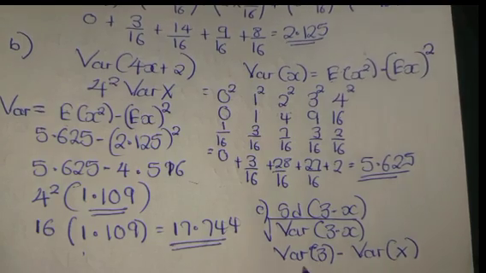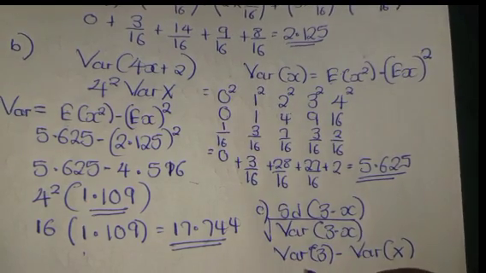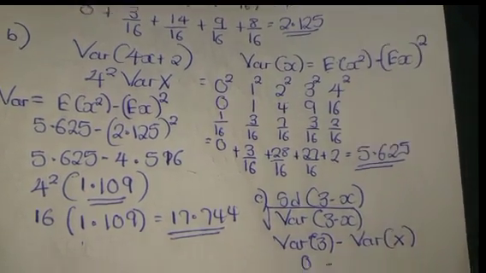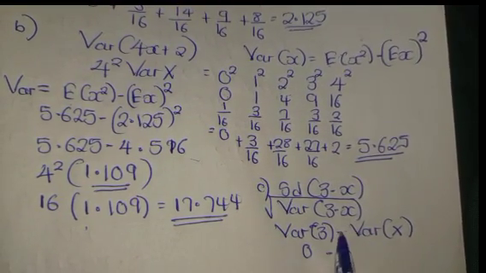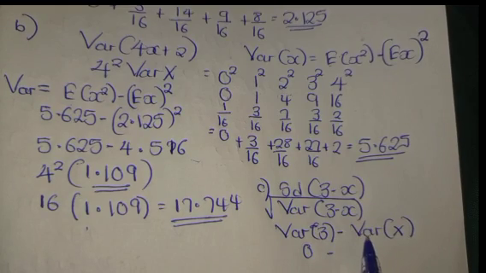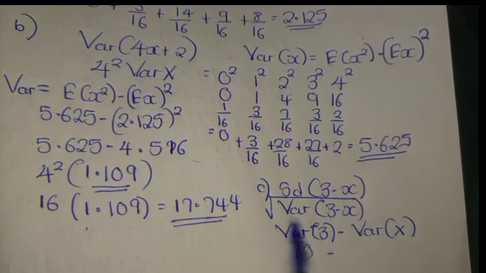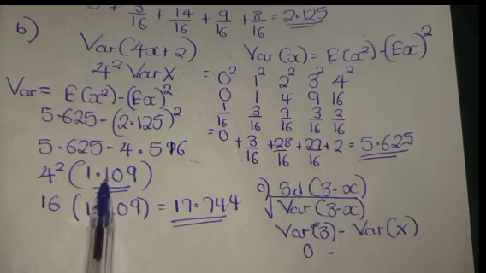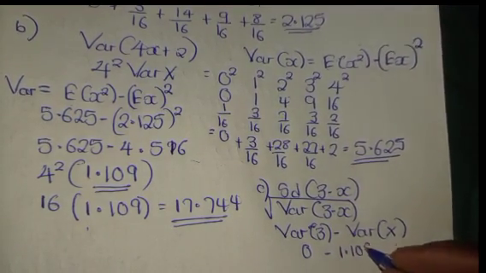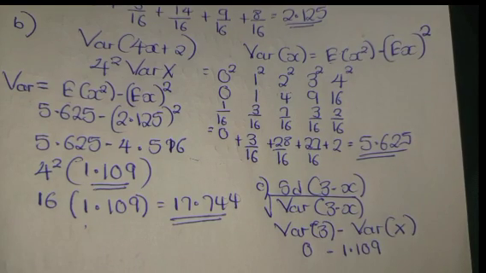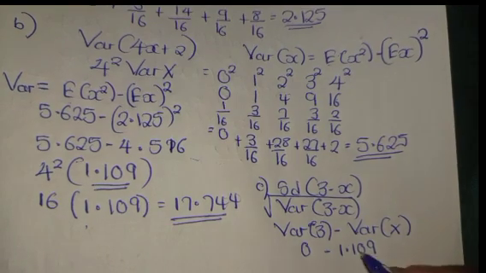Where we know to say that the variance of every constant number is already 0. And the variance of x is what you are looking for. So the variance of x in this case was what you had found here to be 1.109.